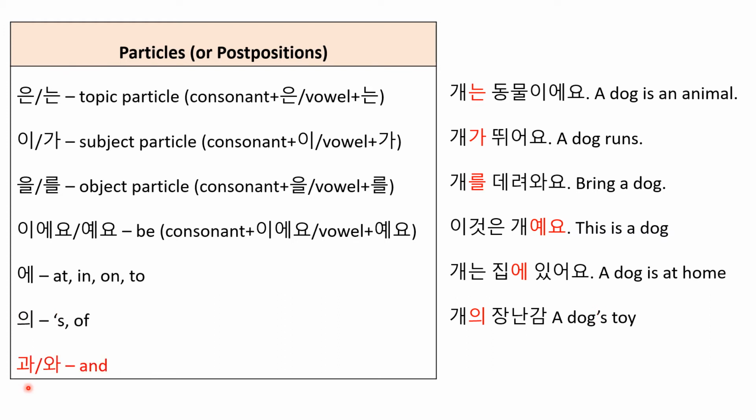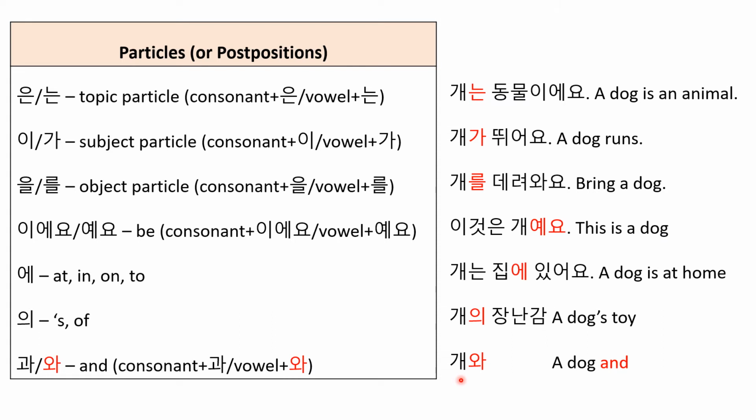Particle 과 means and. After a consonant, use 과. After a vowel, use 와. 개 ends with a vowel. So use 와. 개와.